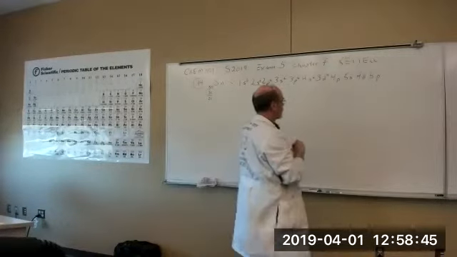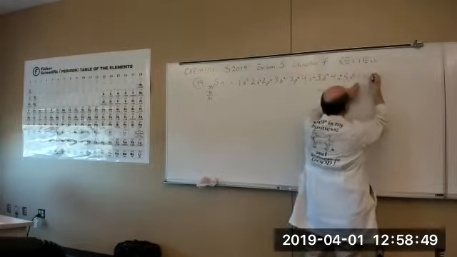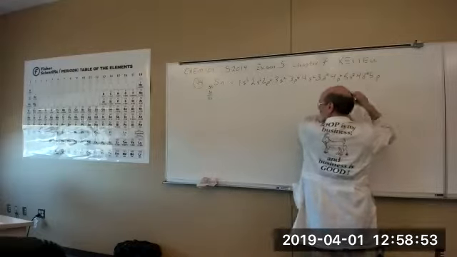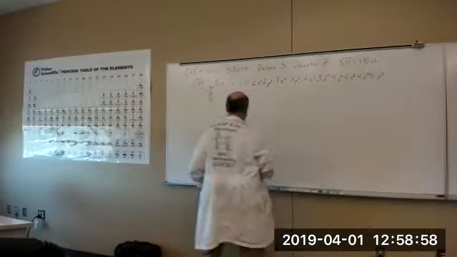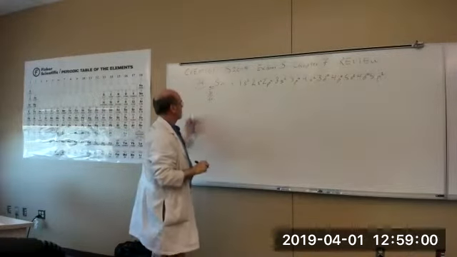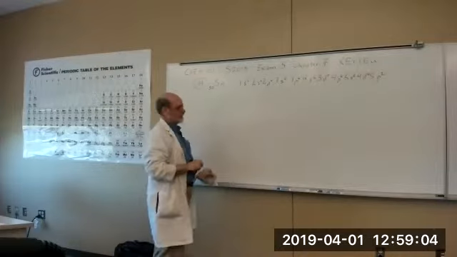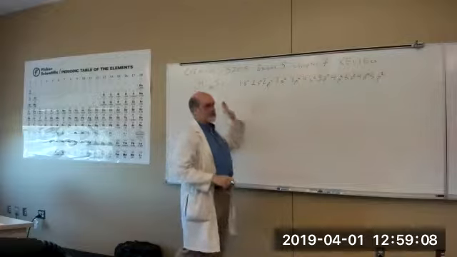So we've got 20 more electrons to go. So that's 6, 8, 18, and then 2 makes 20. So that's the complete electronic configuration for tin. If the problem asks you for the complete electronic configuration, you give them that.